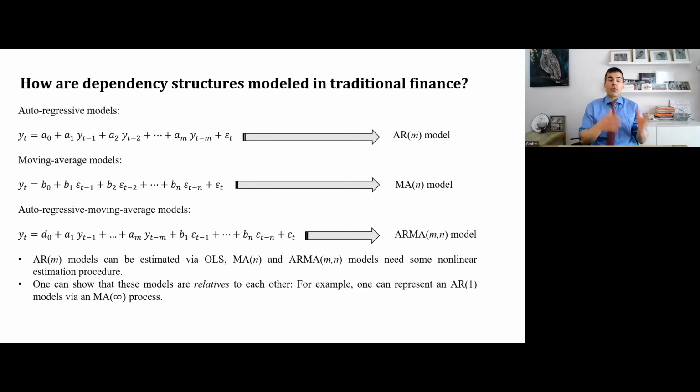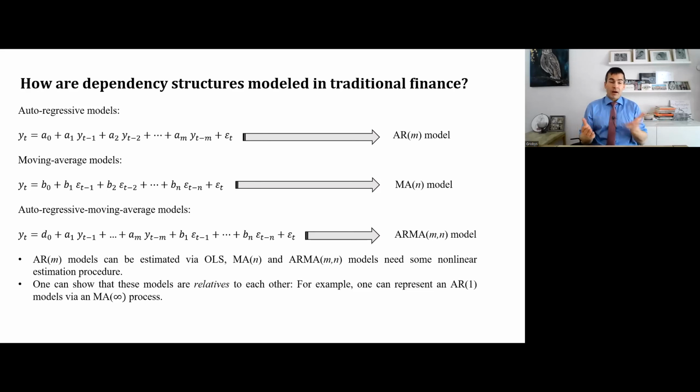Now we have on the right-hand side a0 as the intercept term, the parameter that models the intercept term. Then we have a1 times yt minus 1, which is the first lag, plus a2 times yt minus 2, which is the second lag. And in this model here, we have a lag order of small m.